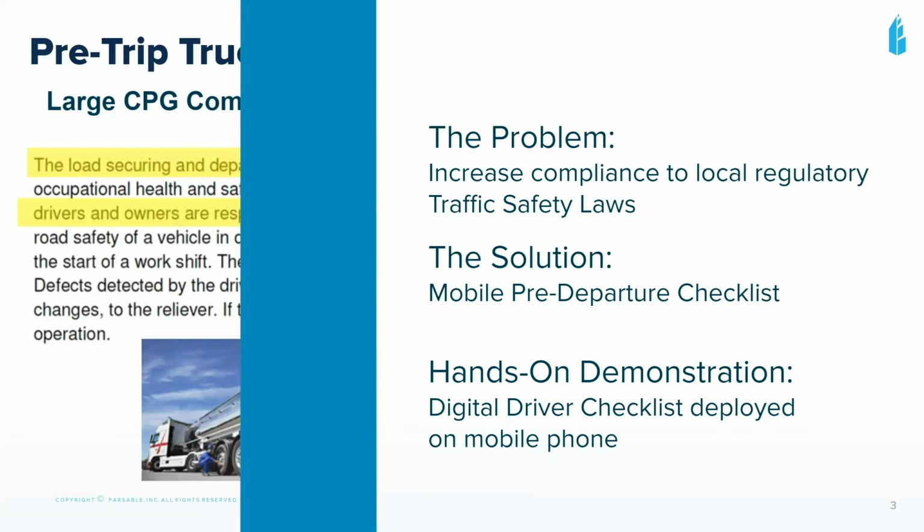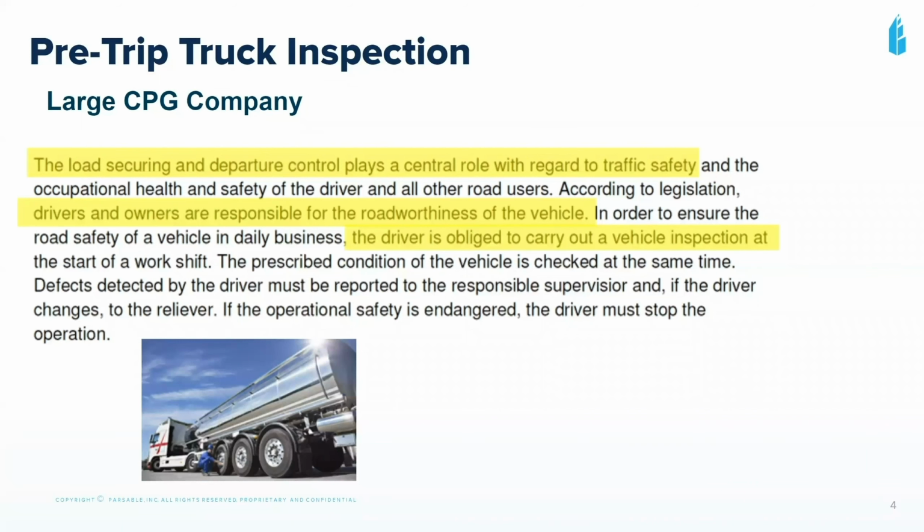So what was the problem? This is actually a use case that is happening in Europe. I work with a large CPG company over there and help them in the implementation of Parsable. One of the issues they had was that based on regulatory laws and traffic laws, every company has to make sure that their drivers are actually conducting a physical check of the roadworthiness of the vehicle.